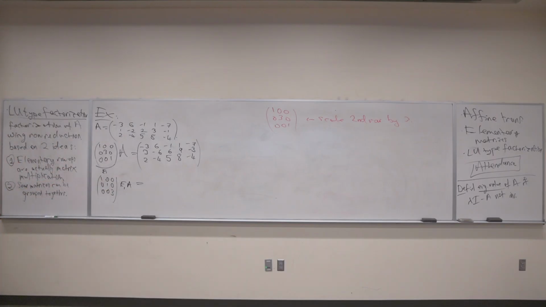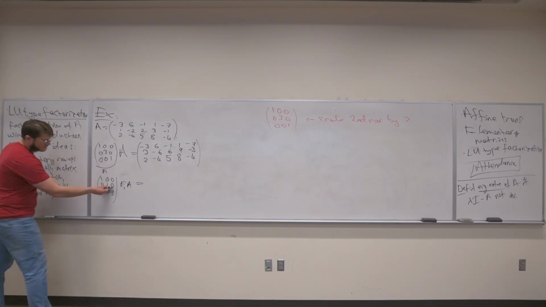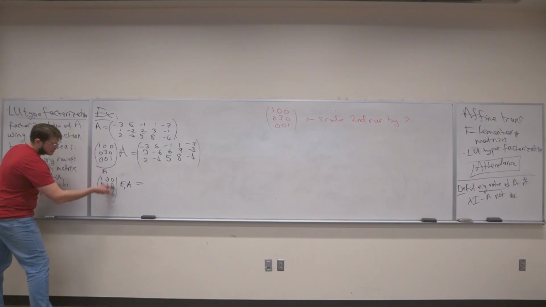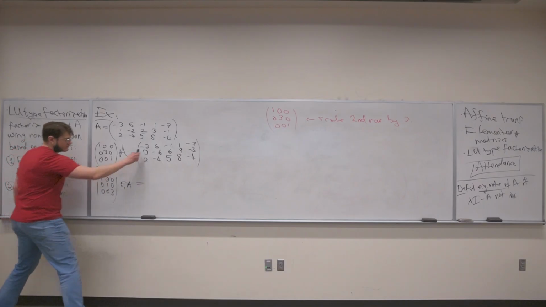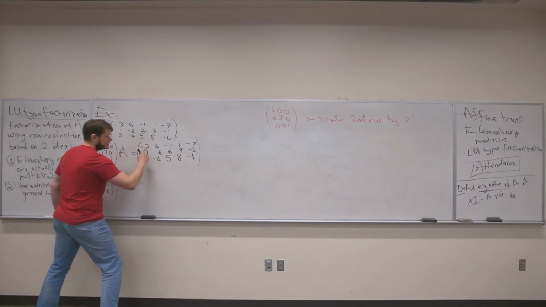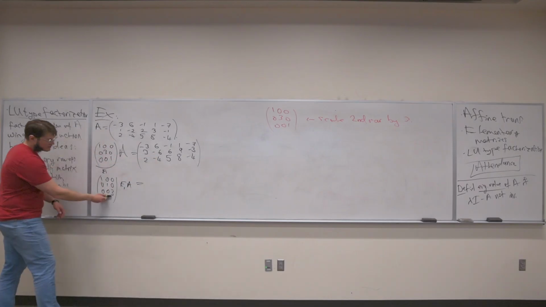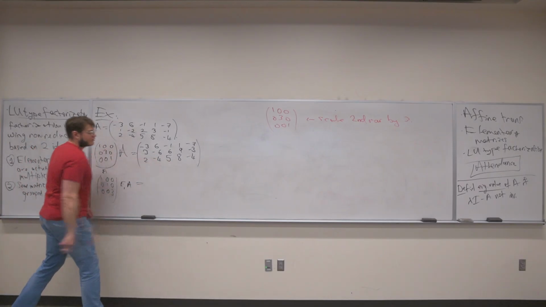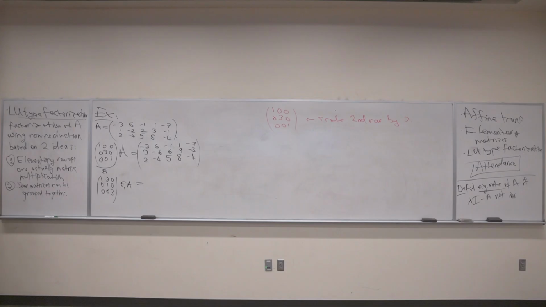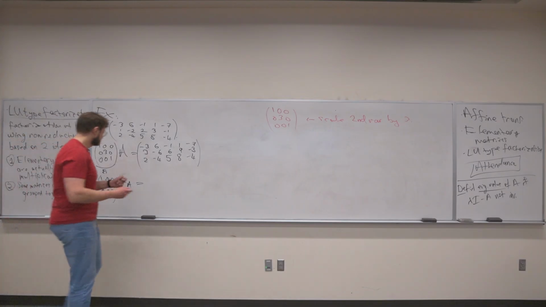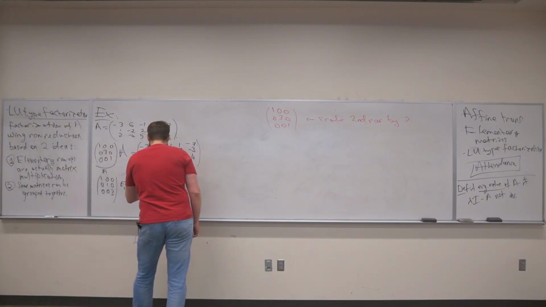Based on the same idea, this is split into rows. If I were to take this, multiply it, it's going to give me the first row. Second row is going to give me the second row. And then the third row is going to give me 3 times the third row. Okay? So this time this is going to turn into this.